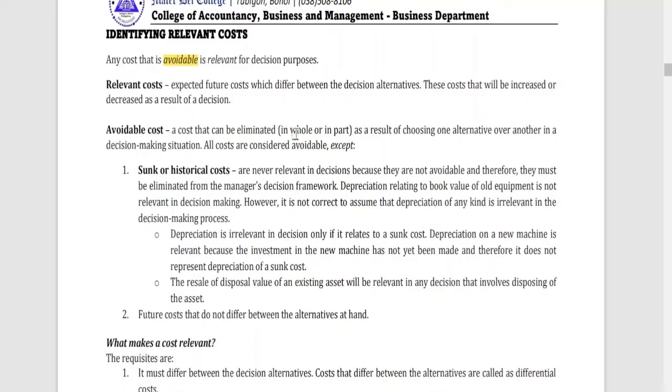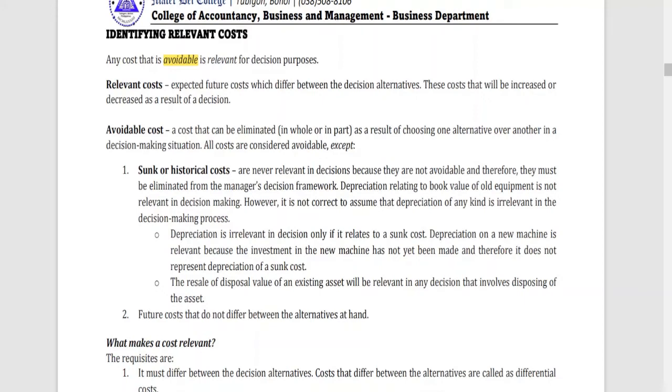So I have a choice if I will still commute considering the price is now higher, or I will just walk. If I walk, I will not worry about the fare. I will no longer pay for the ride. So I can avoid the fare payment. Therefore, the fare expense is avoidable.